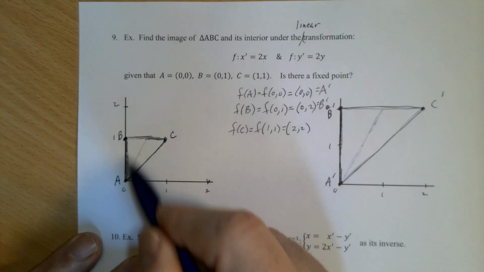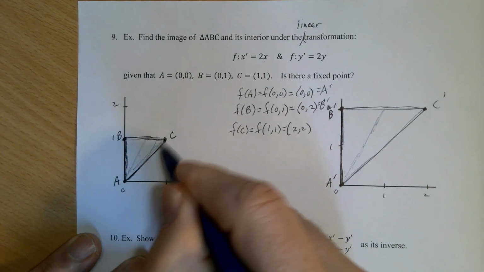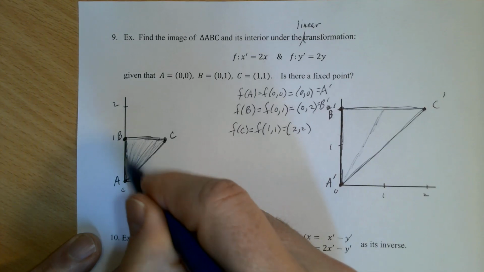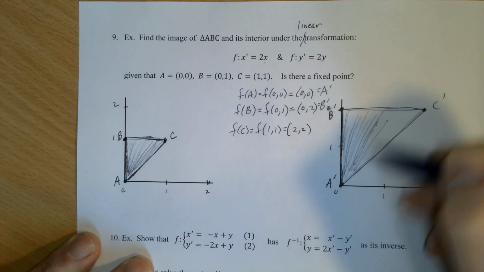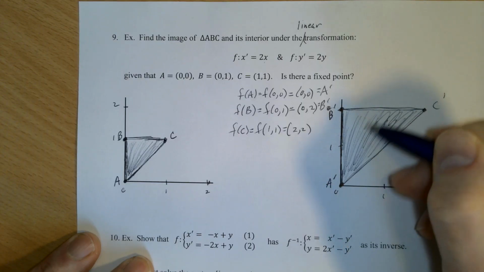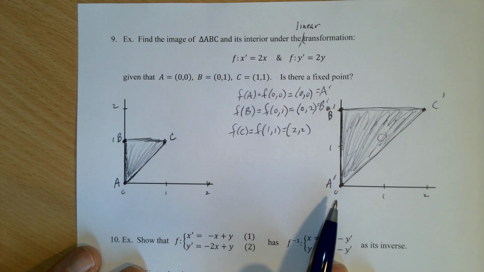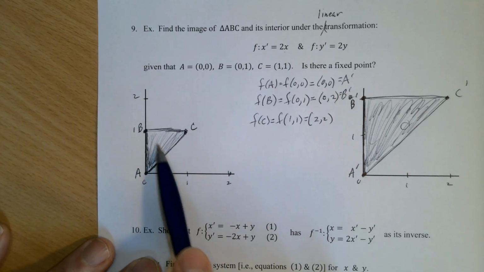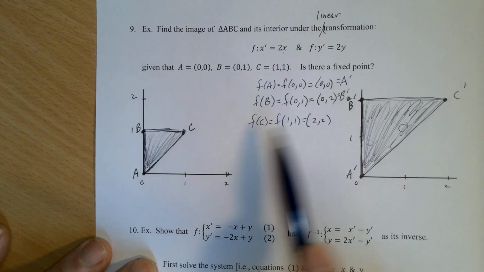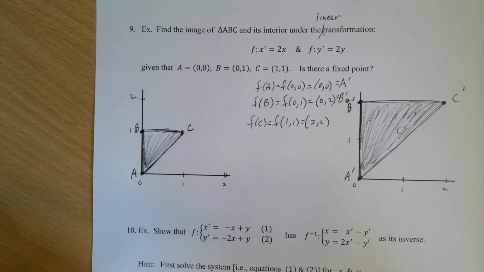And if you do that with all of the line segments, they're going to map to all of these line segments, which basically means the interior of the smaller triangle gets mapped to the interior of this bigger triangle. So that's graphically what we have here. This triangle and its interior gets mapped to this triangle and its interior under this linear transformation.